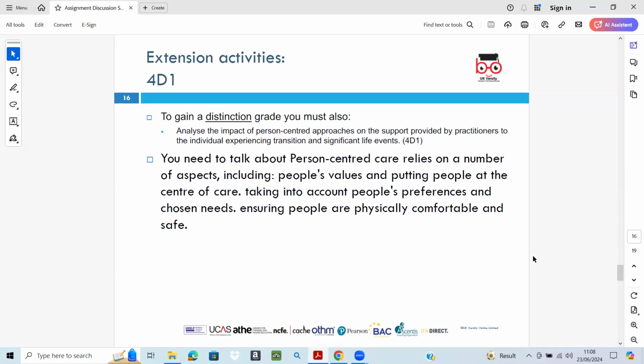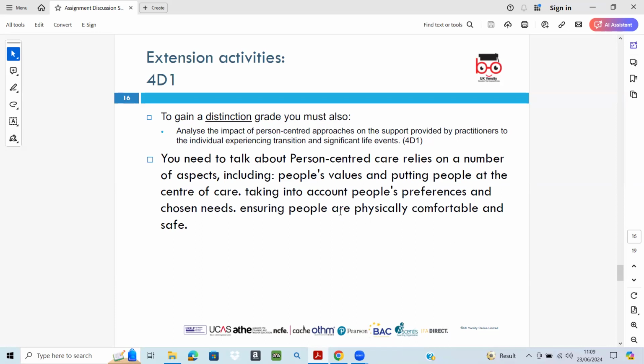Person-centered care places strong emphasis on respecting individual values, beliefs, and preferences. And the person-centered care approach prioritizes the individual's well-being, dignity, and autonomy. So we could write about that.